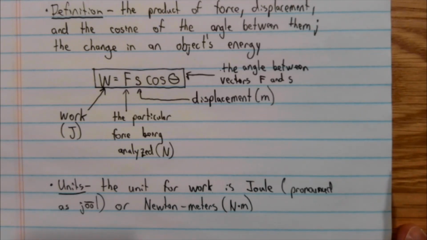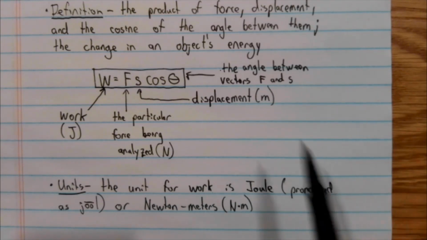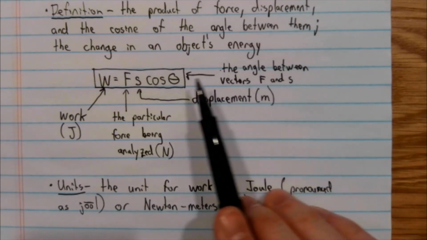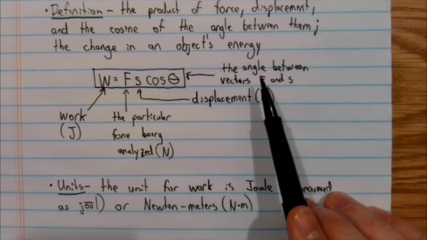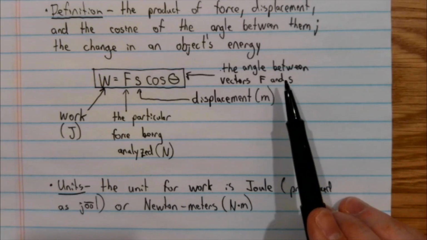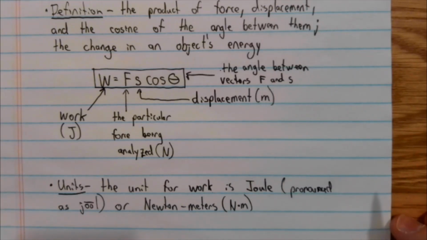Let's keep rolling. So in the next example, we're going to look at this concept here. The fact that theta is the angle between F and S. So we're going to see some examples of F and S vectors in this next example.